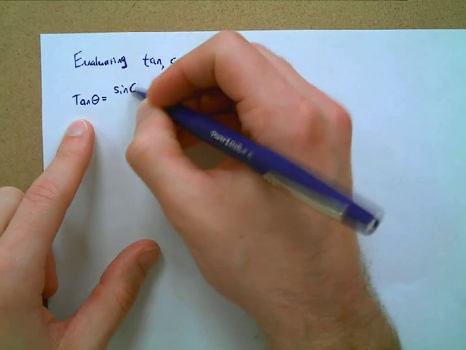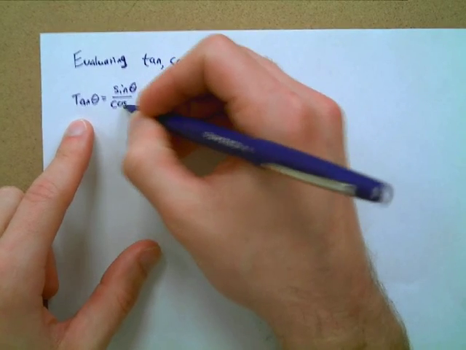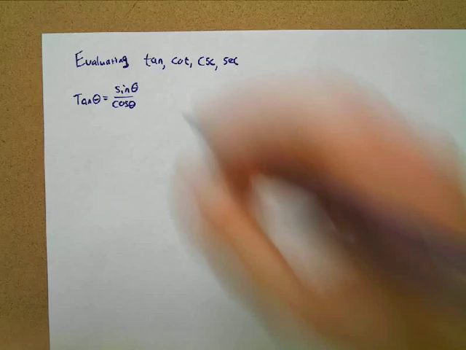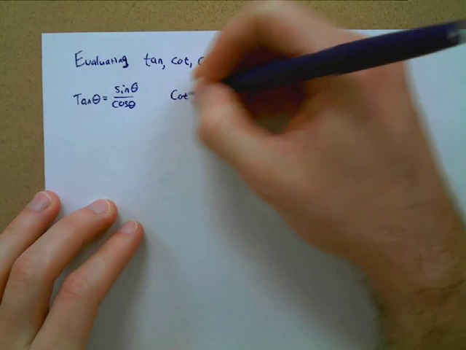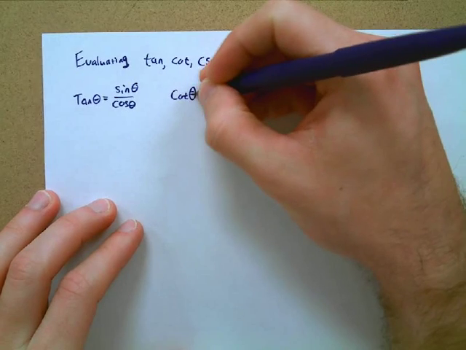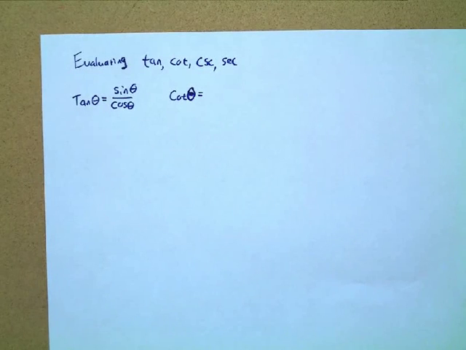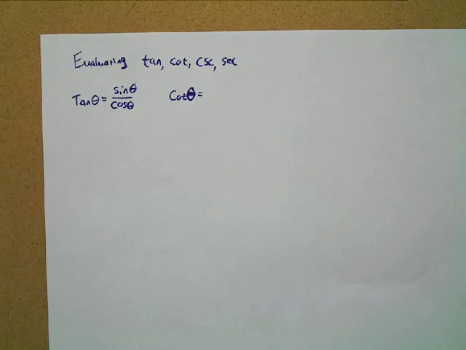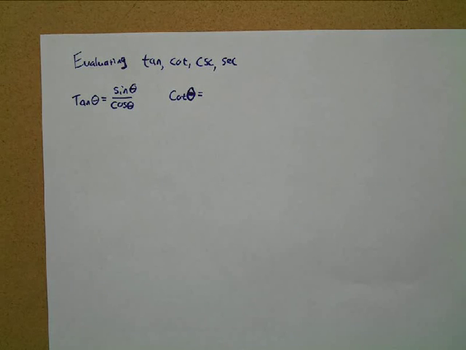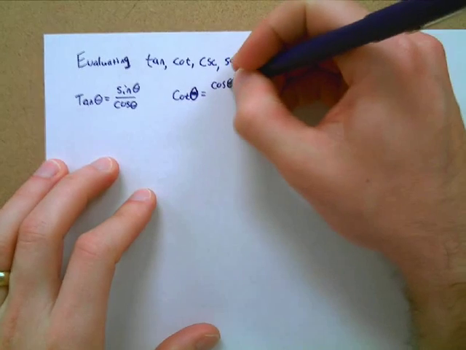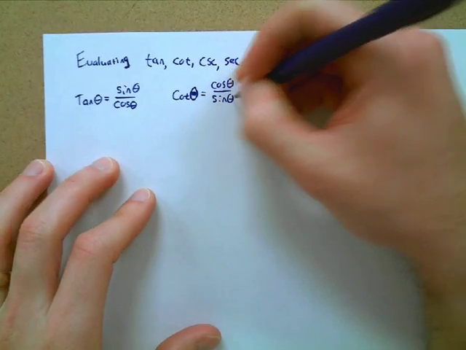If tangent is sine over cosine, what's cotangent going to be? Cosine over sine. Yeah, they're reciprocal. Other key things to remember. Cosecant of theta is merely 1 over what trig ratio? Sine. And secant of theta is 1 over cosine.